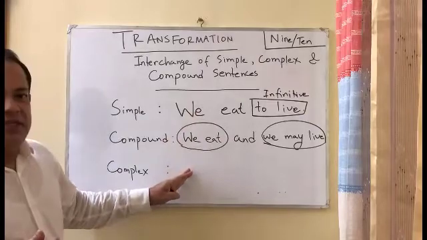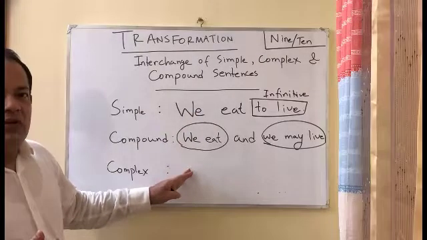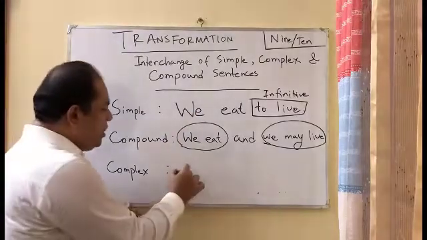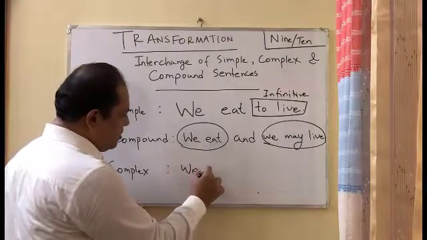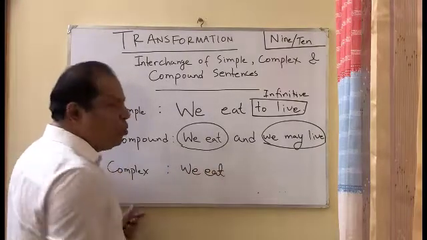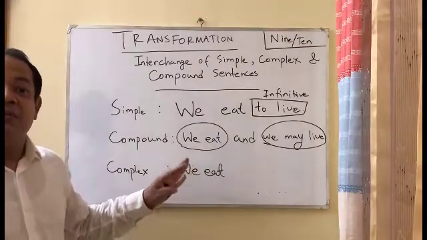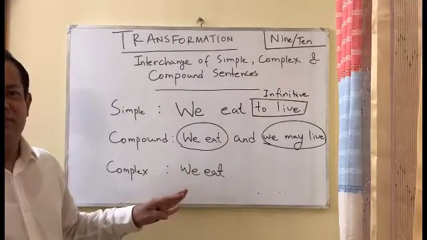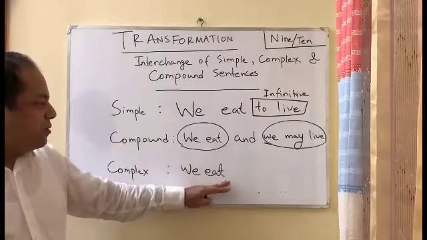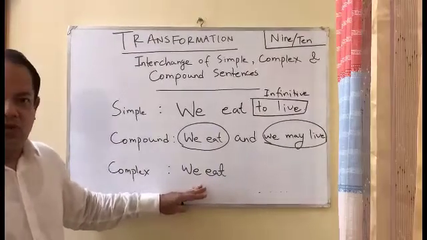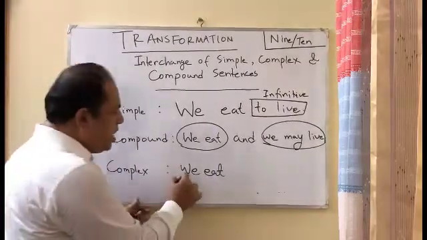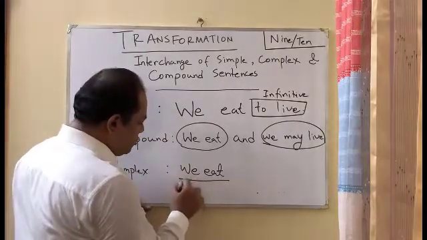Now we can write: we eat. Now you need a subordinating conjunction after the principal clause. It is principal clause or independent clause.